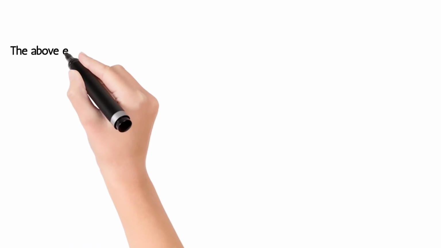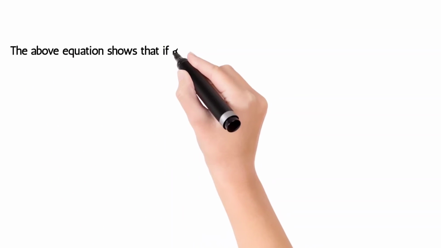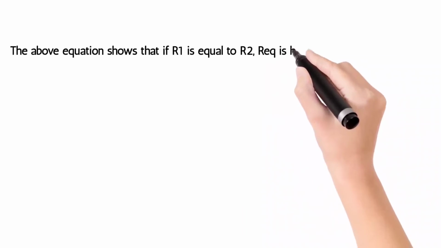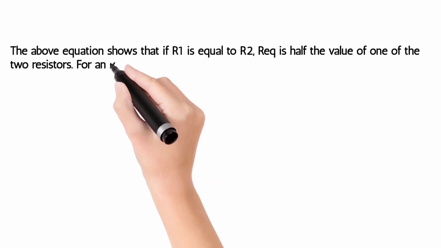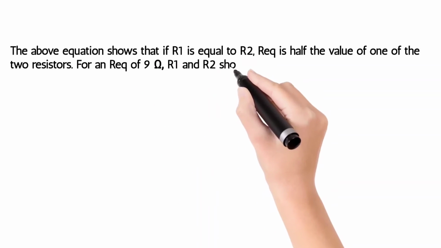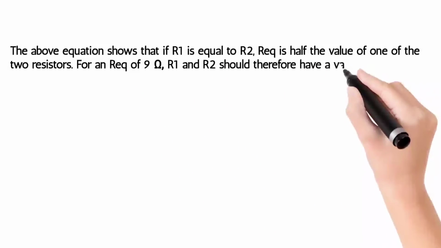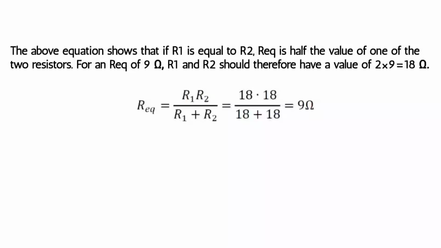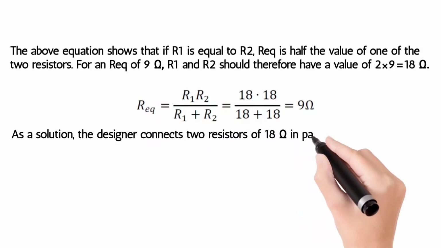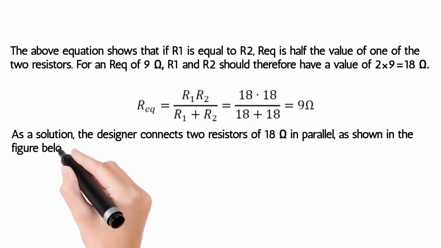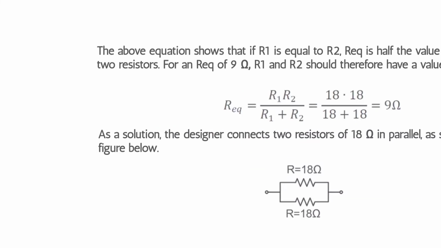The above equation shows that if R1 is equal to R2, the equivalent resistance is half the value of one of the two resistors. For an equivalent resistance of 9 ohms, R1 and R2 should therefore have a value of 2 multiplied by 9 equals 18 ohms. As a solution, the designer connects two resistors of 18 ohms in parallel, as shown in the figure below.